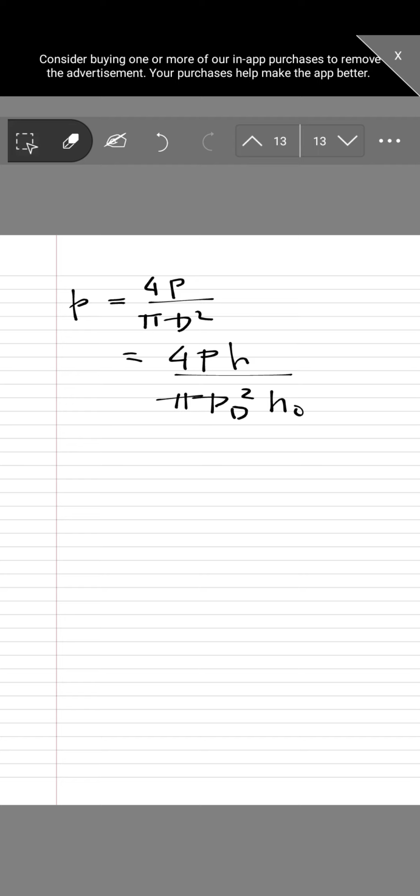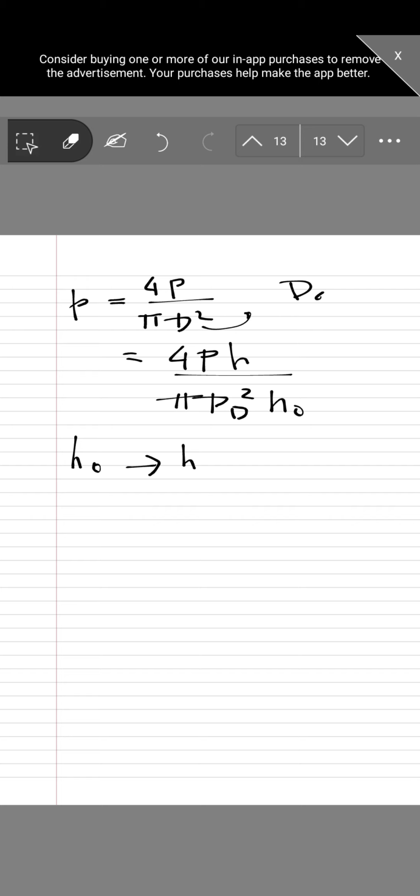So this d has been replaced by the initial diameter, whereas a factor of h by h naught has been introduced. So there is a change in height. The diameter is the same. The height is changing from h naught to h due to this compression.